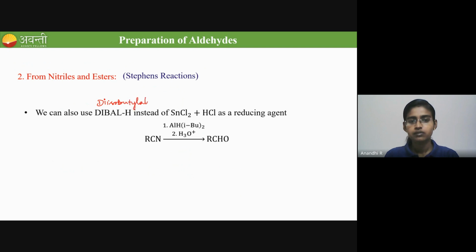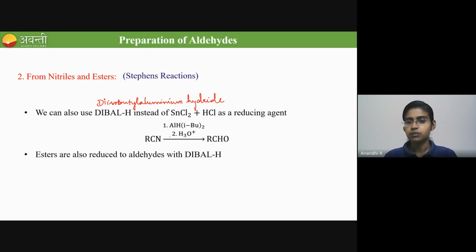So here is the structure. You see the formula, diisobutyl group with aluminum hydride. So this is DIBAL-H. DIBAL-H also converts this CN group to C double bond O, H, that is CHO. Clear? And coming to the esters.